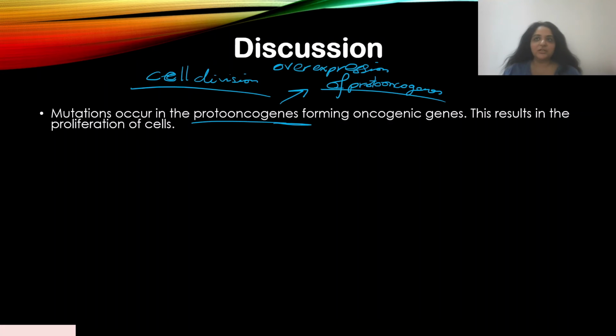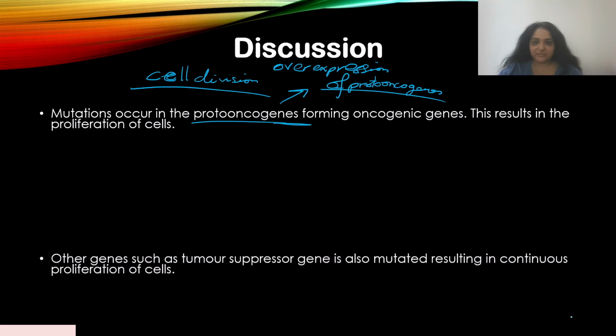In normal functioning, if there is normal cell division happening, there is another gene which stops that cell division. There's a tumor suppressor gene, which we will study later. So this results in the proliferation of cells.